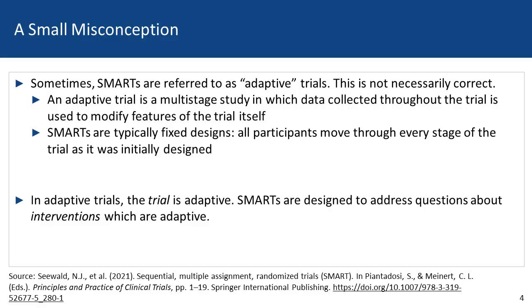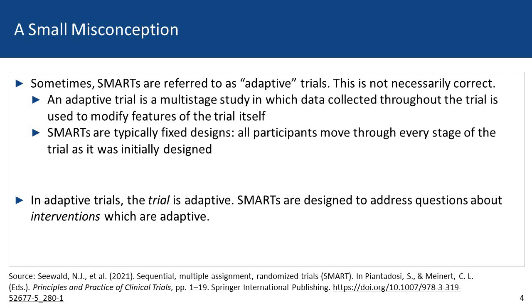Before we talk about design principles, I'd like to clear up a small misconception. Sometimes SMARTs are referred to as adaptive trials, and this is not necessarily correct. An adaptive trial is a multi-stage study in which data that you collect throughout the trial is used to modify the features or characteristics of the trial itself.